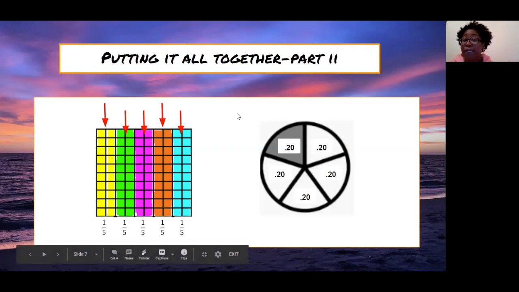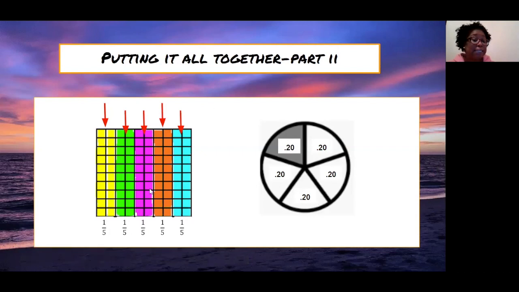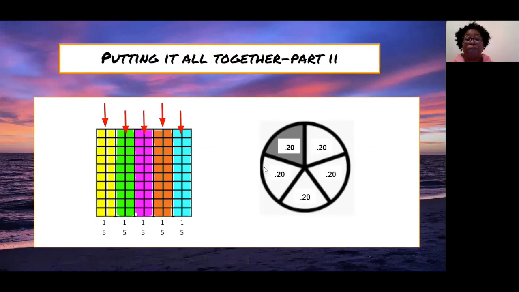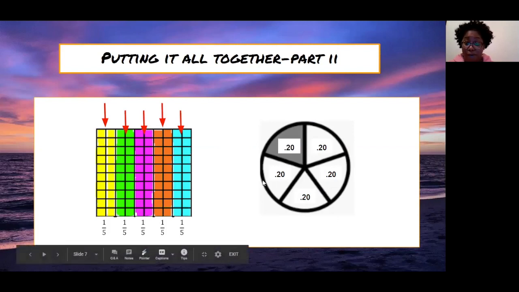Okay? We can look at it another way. The circle means the same as your base 10 model. Each piece represents a different part of the whole. And in this case, it can represent 1/5. So you have 1/5, 1/5, 1/5, 1/5, 1/5.